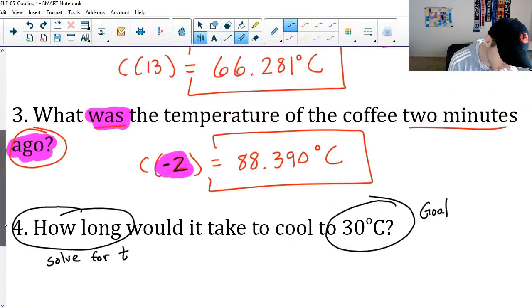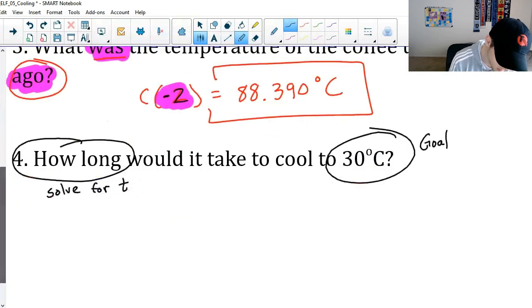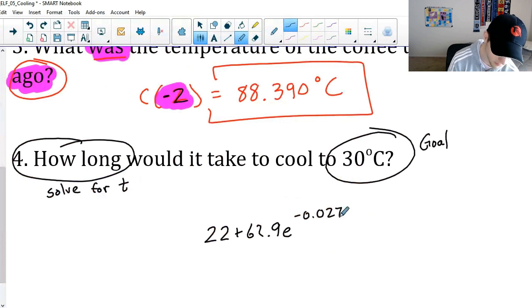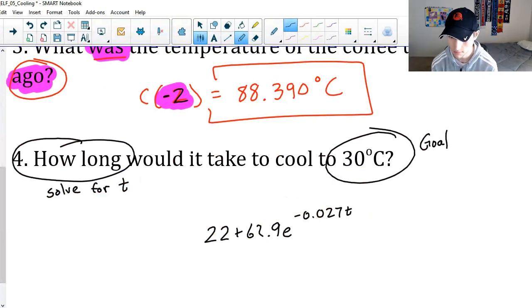So let me use my formula. 22 plus 62.9 times e to the negative 0.027 t. This is what we started with at the very beginning of this slide, right?